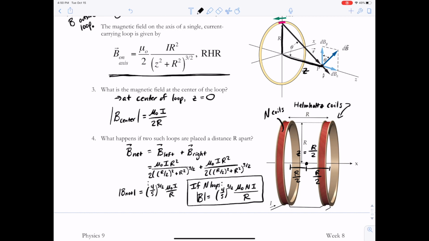And again, if instead of just having one loop, we have n loops, then our equation for the magnetic field at the center becomes mu naught n I over 2R. What I mean by n is that instead of just having a wire wrapped around to make one circle, we wrap it around n times to create n individual loops.